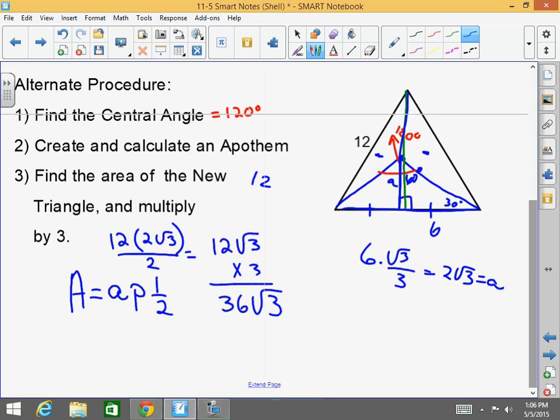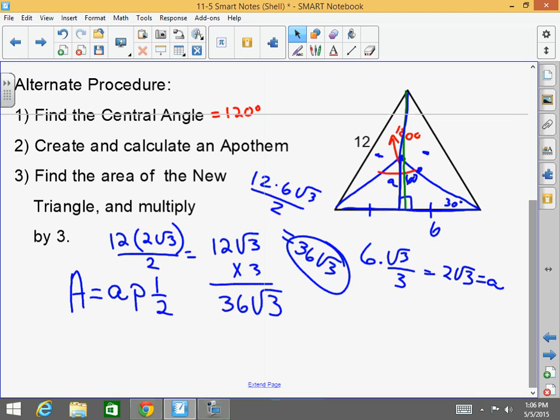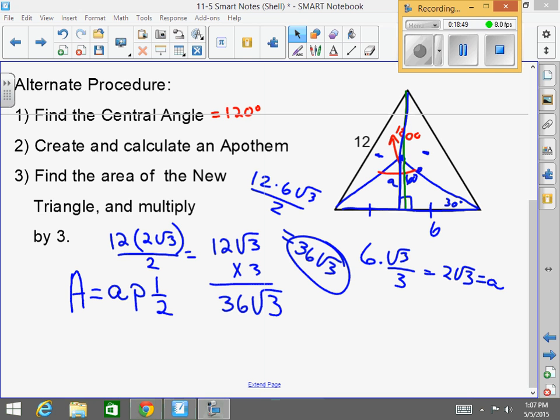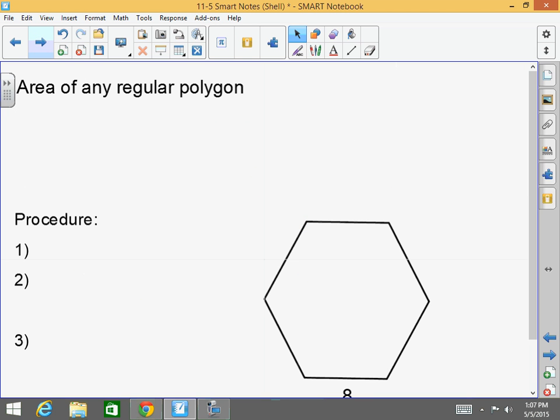So 12 times 6 square root of 3 divided by 2. That's 36 square root of 3, kid. Bam. Okay? All right. Okay, now let's continue.